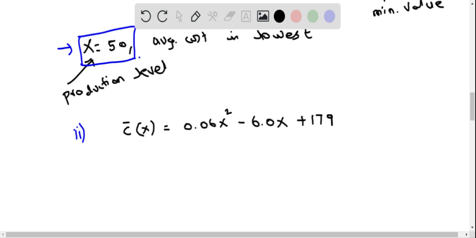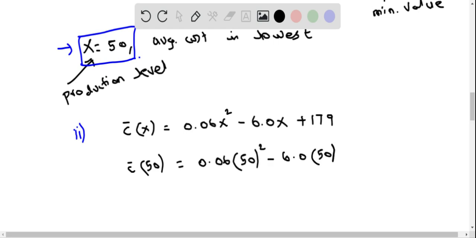Let me plug in x equal to 50. Therefore c bar of 50 equals 0.06 times 50 squared minus 6.0 times 50 plus 179. We can plug this expression into the calculator to determine its value, and we get 29.